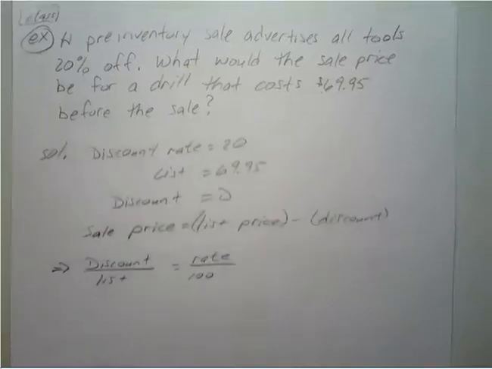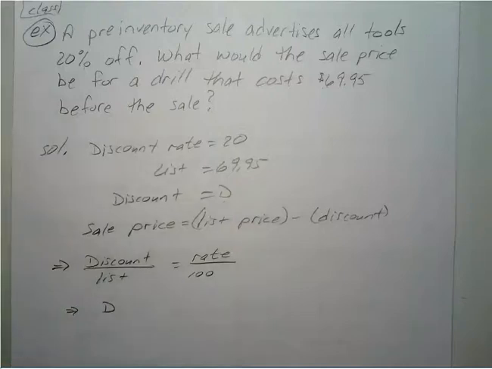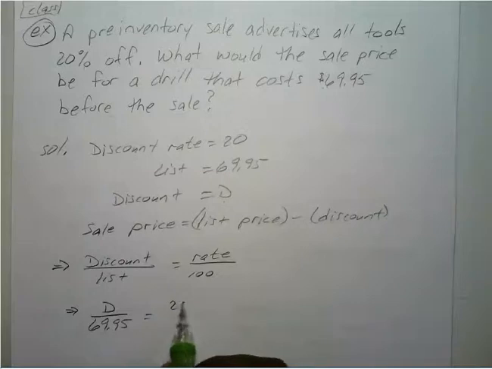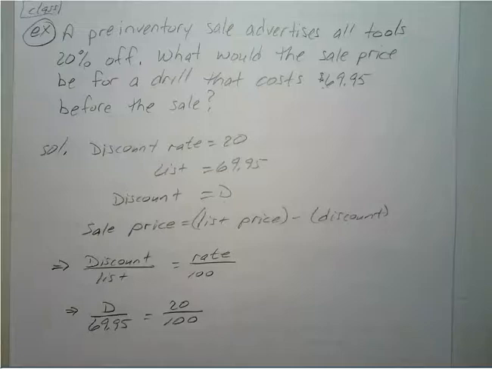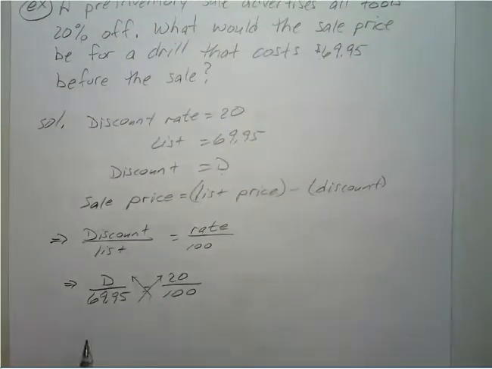All right, so let's go ahead and plug those in. So your discount is unknown, so we're just going to keep that as D. Now your list price, we can see that's $69.95. Your discount rate is 20%, all over 100. Okay, so we go ahead and cross multiply. So we have 100 times D equals 20 times 69.95.